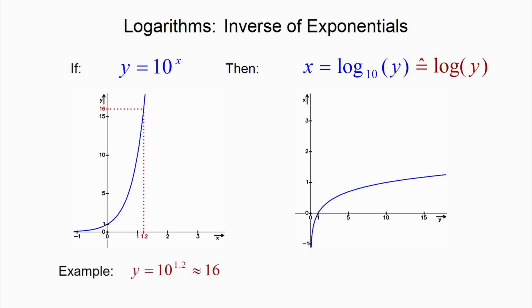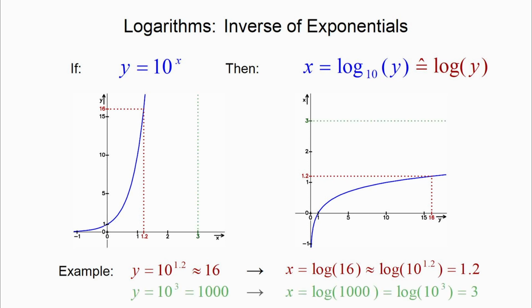As 10 to the power 9.2 equals roughly 16, the log of 16 equals some 1.2. Likewise, but that's way off scale in the graph, the log of 1000, that's the log of 10 to the third, equals 3.